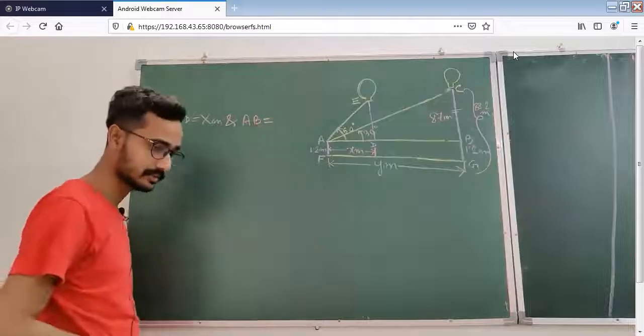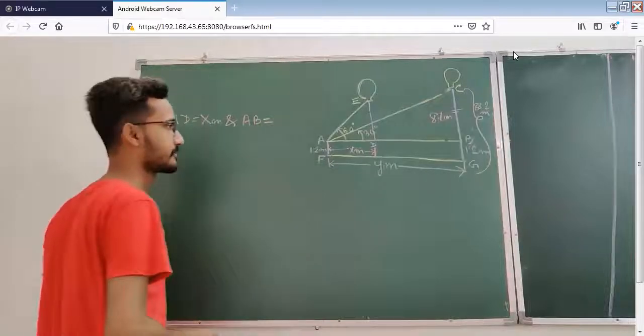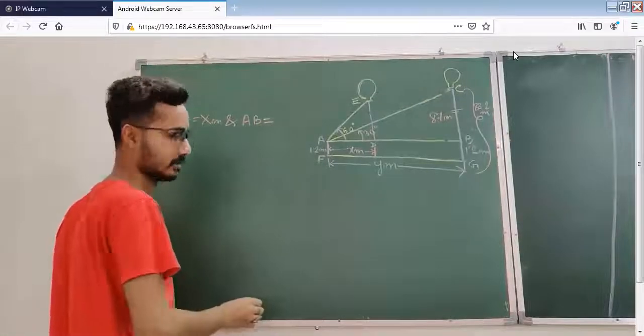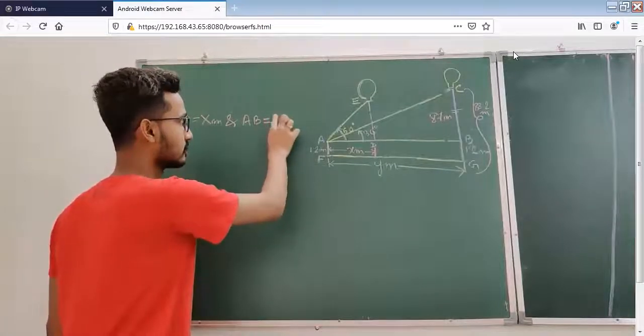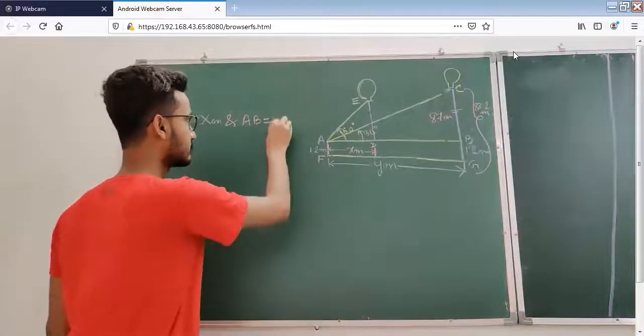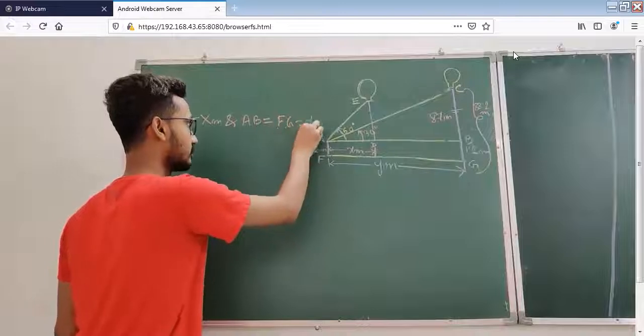Yes or no? So write down AB equal to FG equal to Y meter.